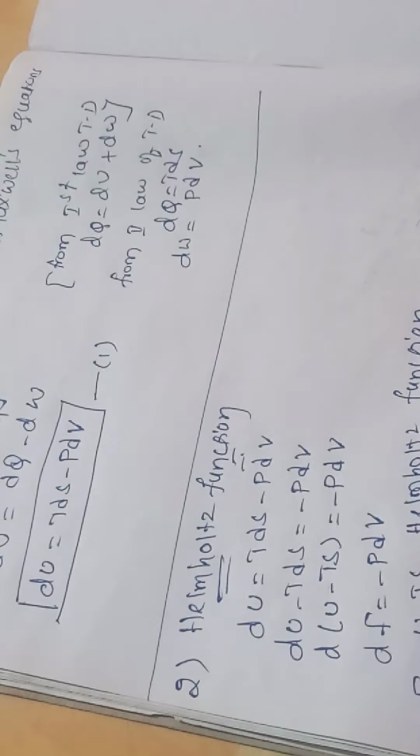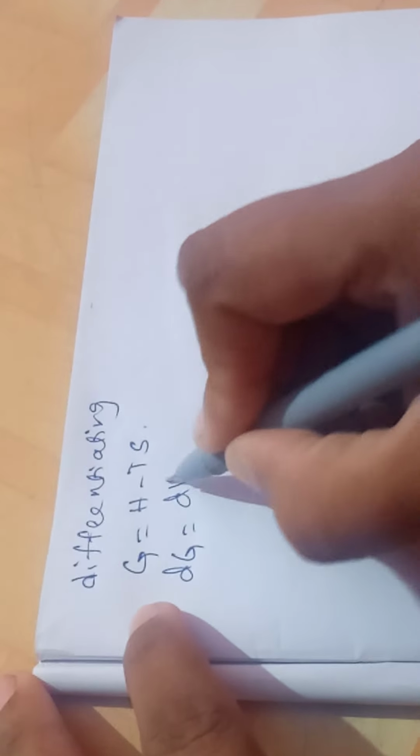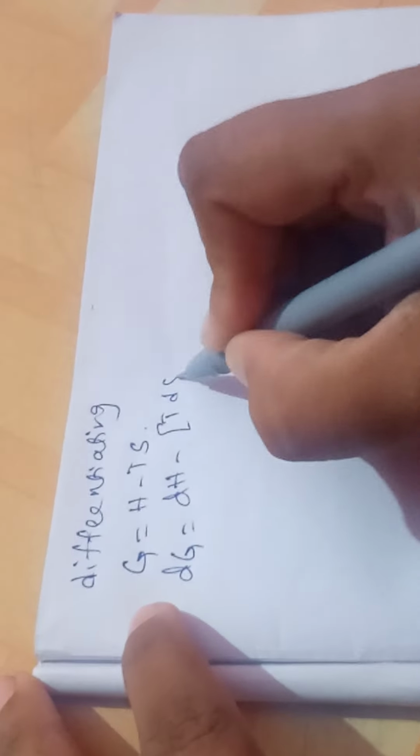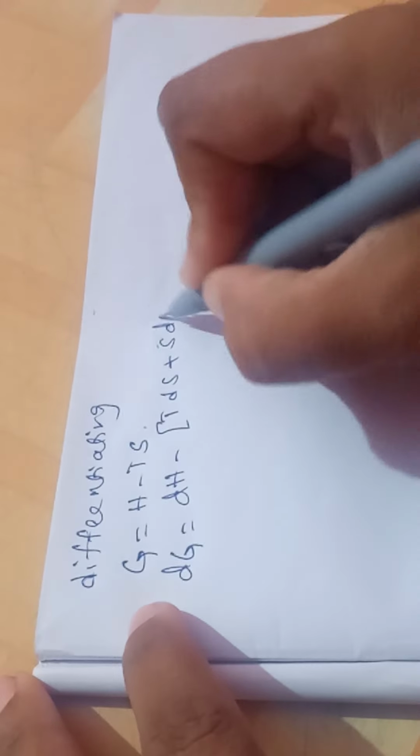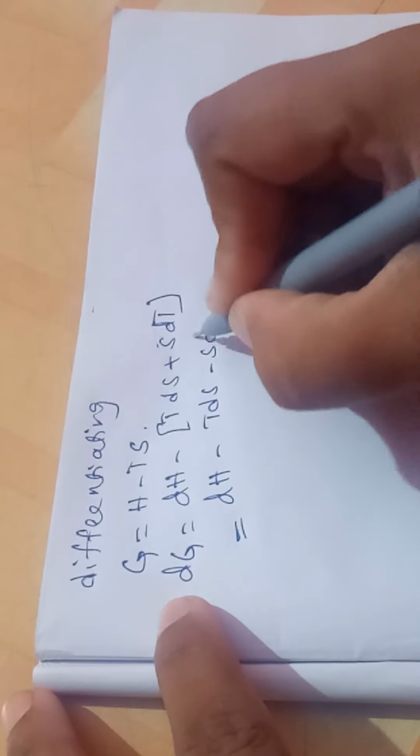Now let us differentiate this Gibbs function, G equal to H minus TS. So we get dG is equal to dH minus TdS minus SdT.